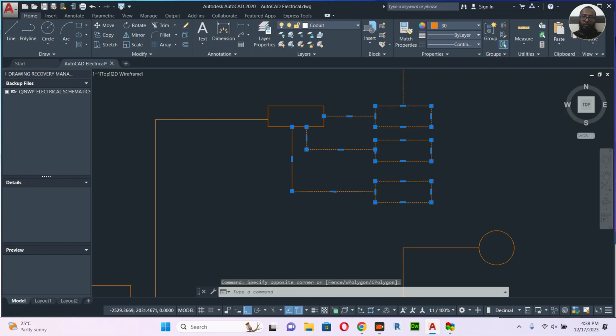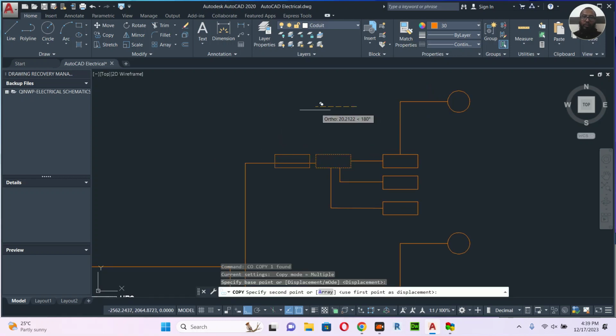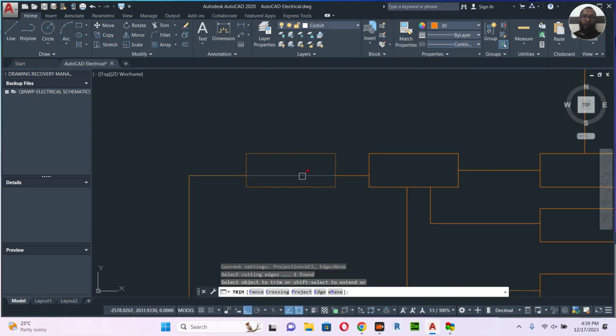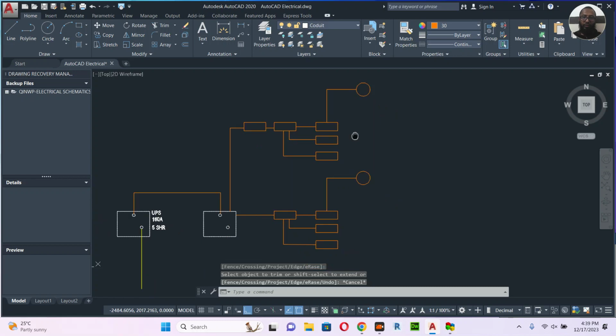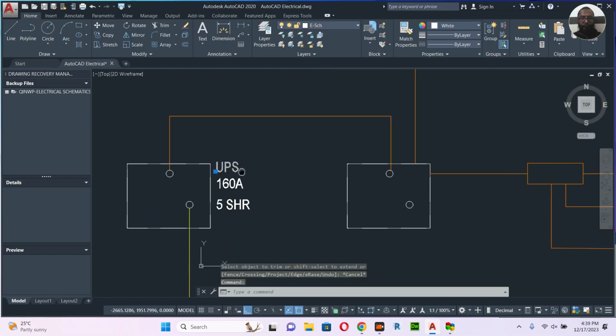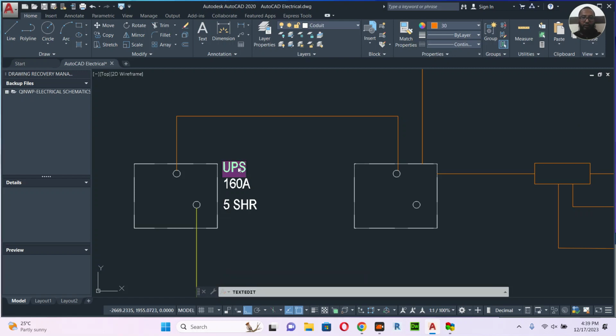Let's draw that one. LCP, the lighting control panel, if it is feeding some external area or somewhere. So let's name this one. This is the central battery system, CBS.